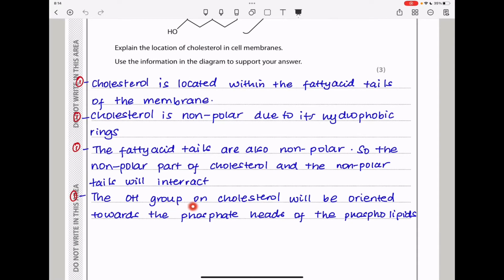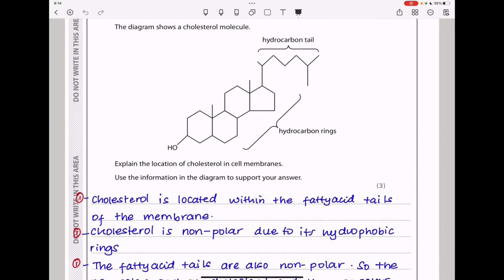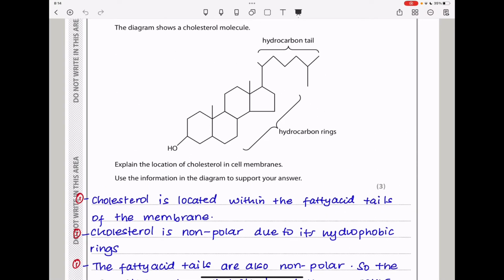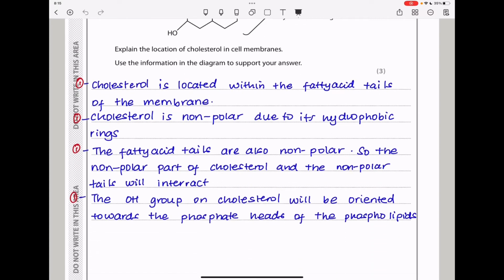The OH group on the cholesterol will be oriented towards the phosphate head of the phospholipid. This is explaining the location of cholesterol in the cell membrane. And again, to emphasize, the nonpolar part will interact with the fatty acid tails, while this part here can interact with the phosphate, so it's going to be oriented towards that part.